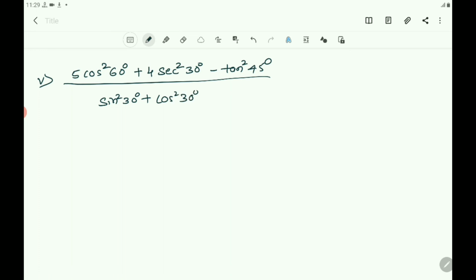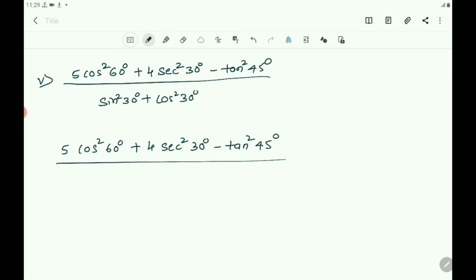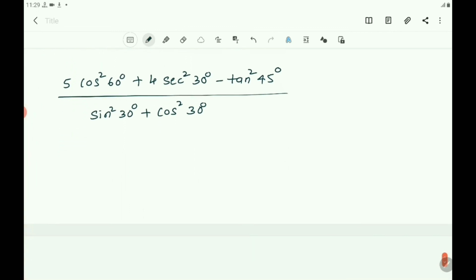So you consider 5 cos square 60 degree plus 4 secant square 30 degree minus tan square 45 degree, whole divided by sin square 30 degree plus cos square 30 degree. That equals 5, we write 5 only. You know the value of cos 60. Cos 60 is 1 by 2.